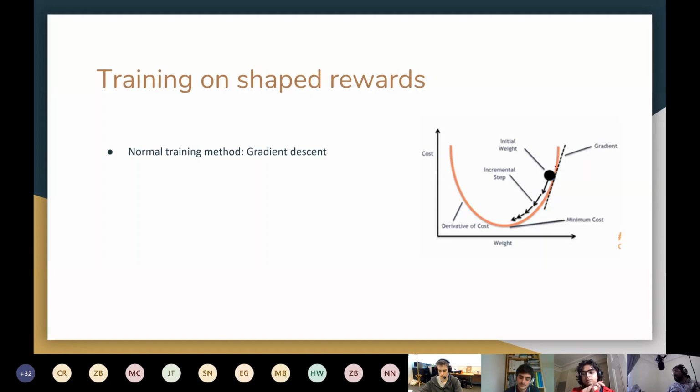What you're basically doing is taking a curve or a big many-dimensional surface, looking in the downwards direction and stepping a bit in that direction.